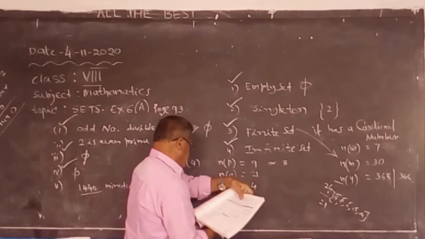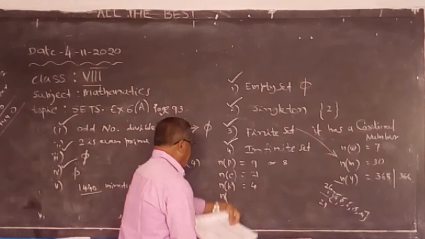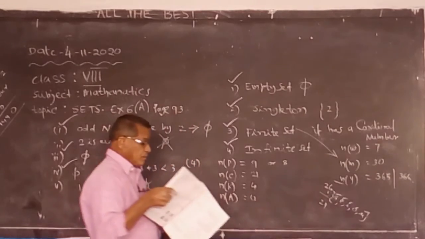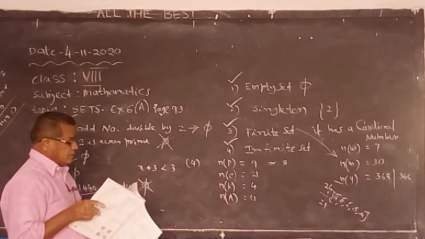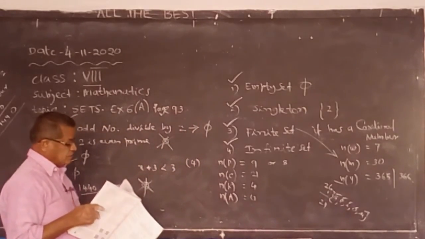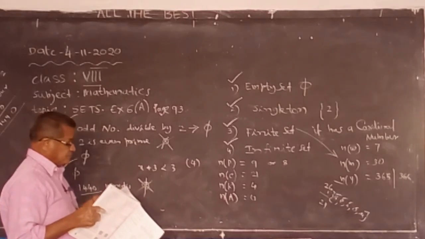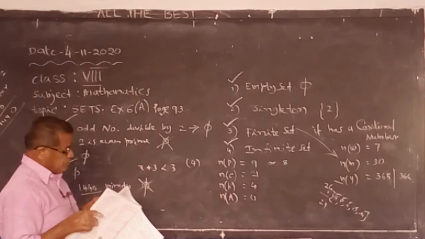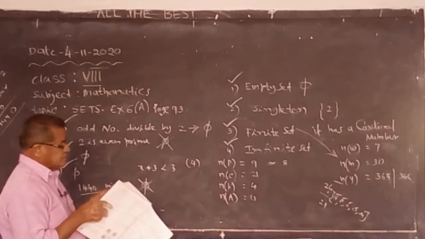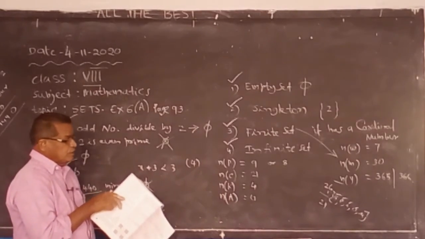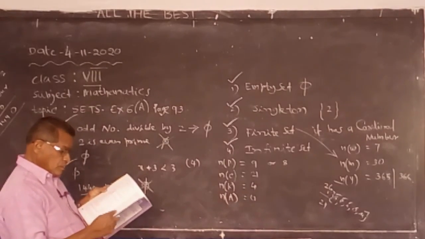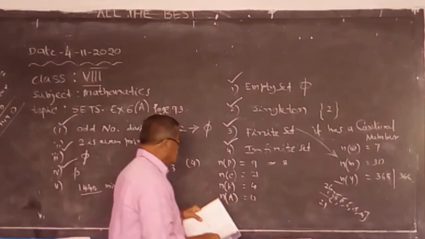Given here, the set of numbers whose square is 16. 4 squared is 16, and minus 4 also gives 16.